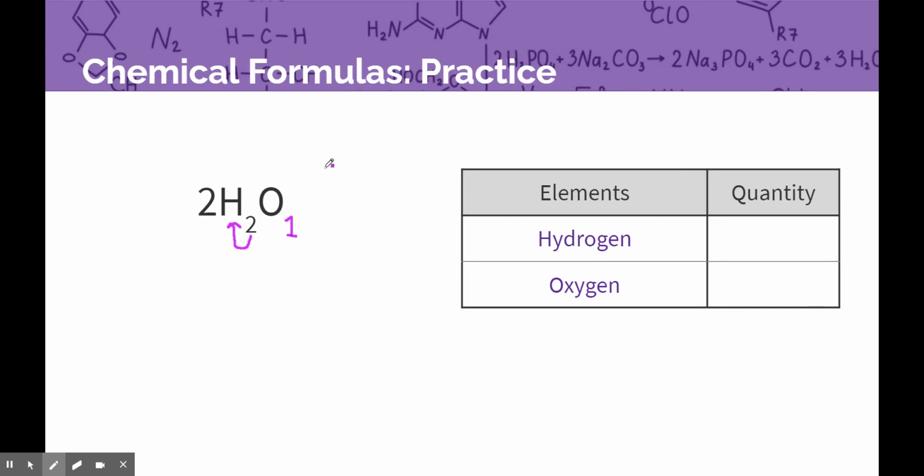It's tempting to think that that might mean that there are 0 atoms of oxygen, but if there were 0, then there would be no O in this chemical formula at all. So if you have a chemical symbol and there's no subscript after it, you can assume that there's a small invisible 1 there.